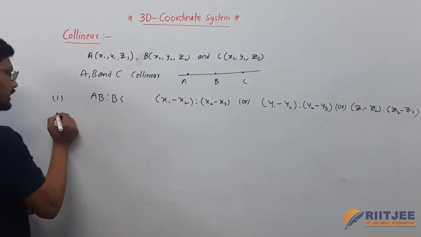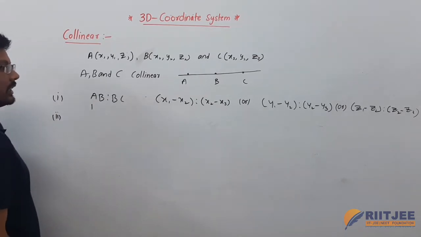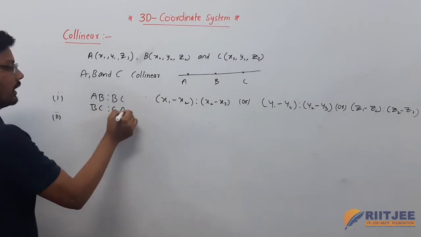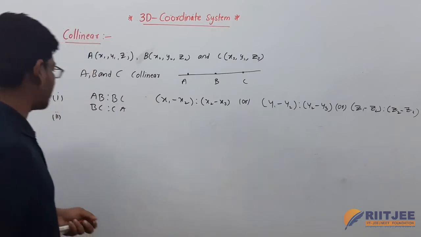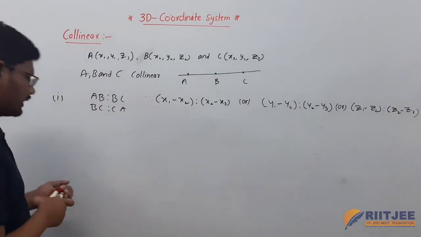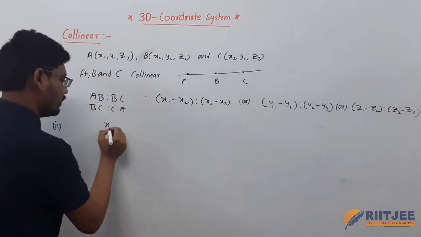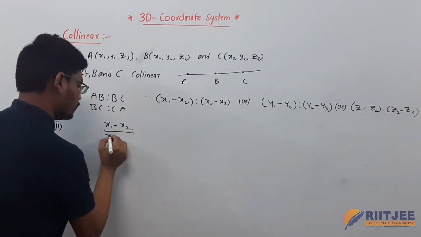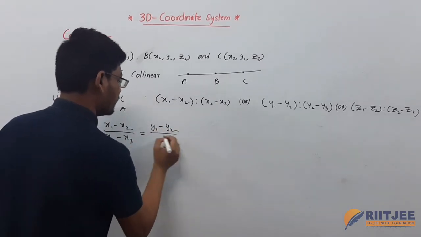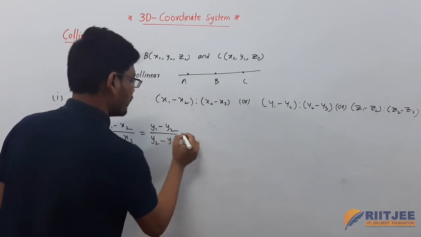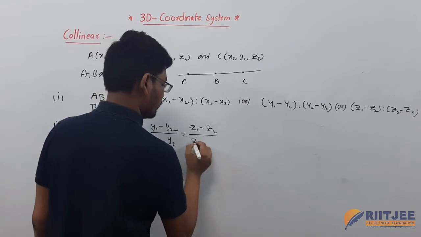So the first case is AB equals BC. Similarly you can take BC equals CA, and finally AB equals AC. So like that you can write here. The second point for this one is: x1 minus x2 by x2 minus x3 is equal to y1 minus y2 by y2 minus y3, or is equal to z1 minus z2 by z2 minus z3.